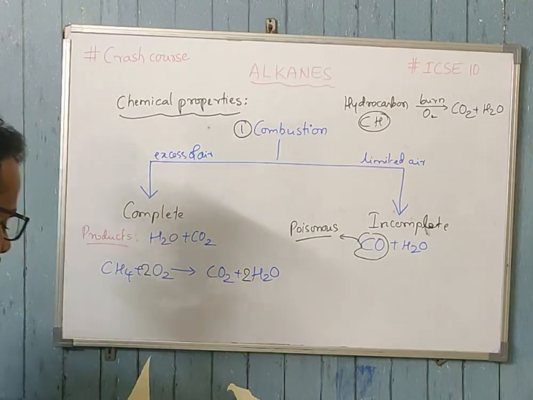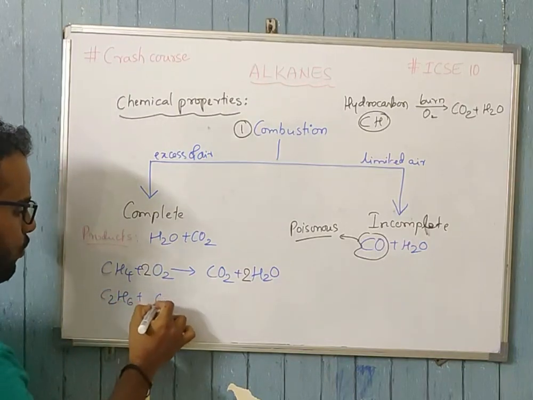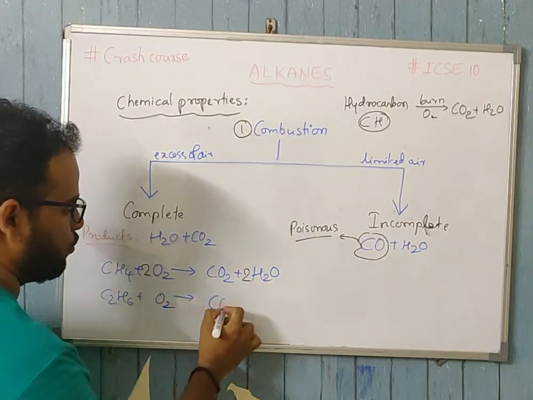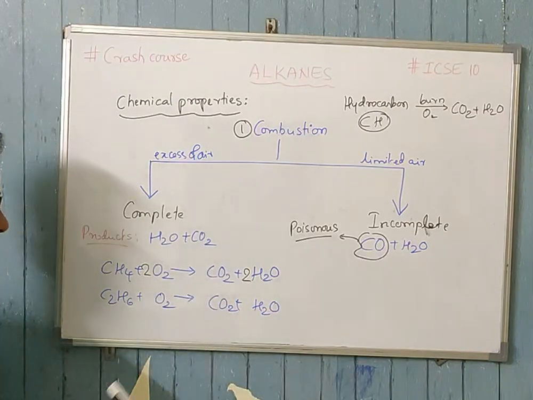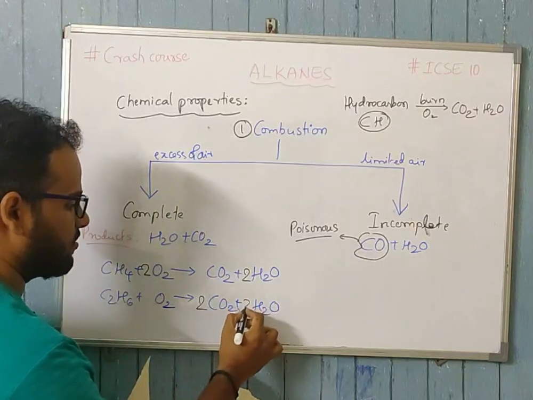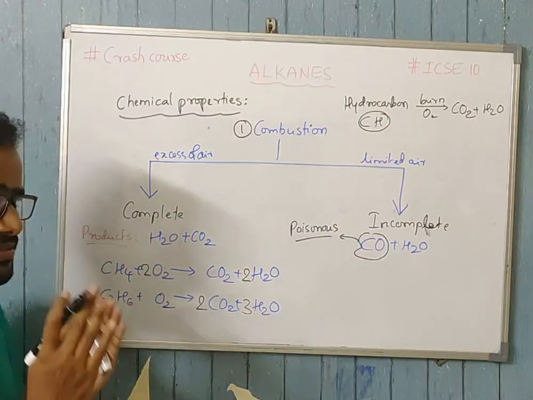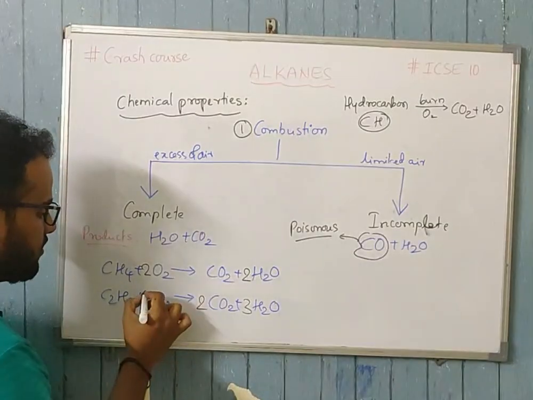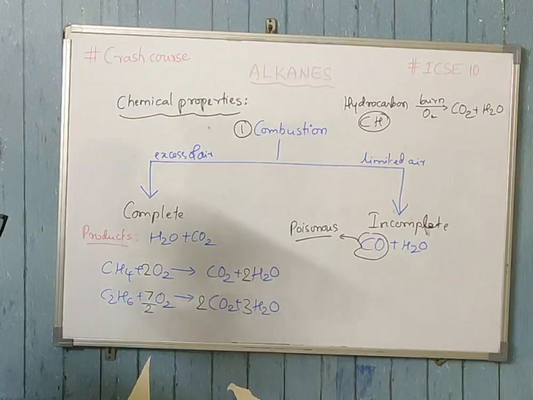This is simple. Second one, C2H6 plus oxygen gives CO2 plus H2O. Again carbon is 2 here, make it 2. Hydrogen is 6 here, make it 3. Count the oxygen: 2 into 2, 4, plus 3, 7. So here you write 7 by 2.